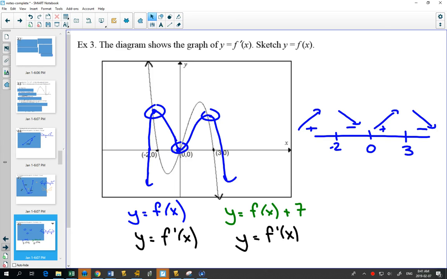Drawing that side diagram really helps you. But where those maximums and minimums are is a little bit of guesswork. In fact, we can't know for sure where it would be because there could have been a +7, in which case it would shift it up 7 and it would be the same shape but at a different place.